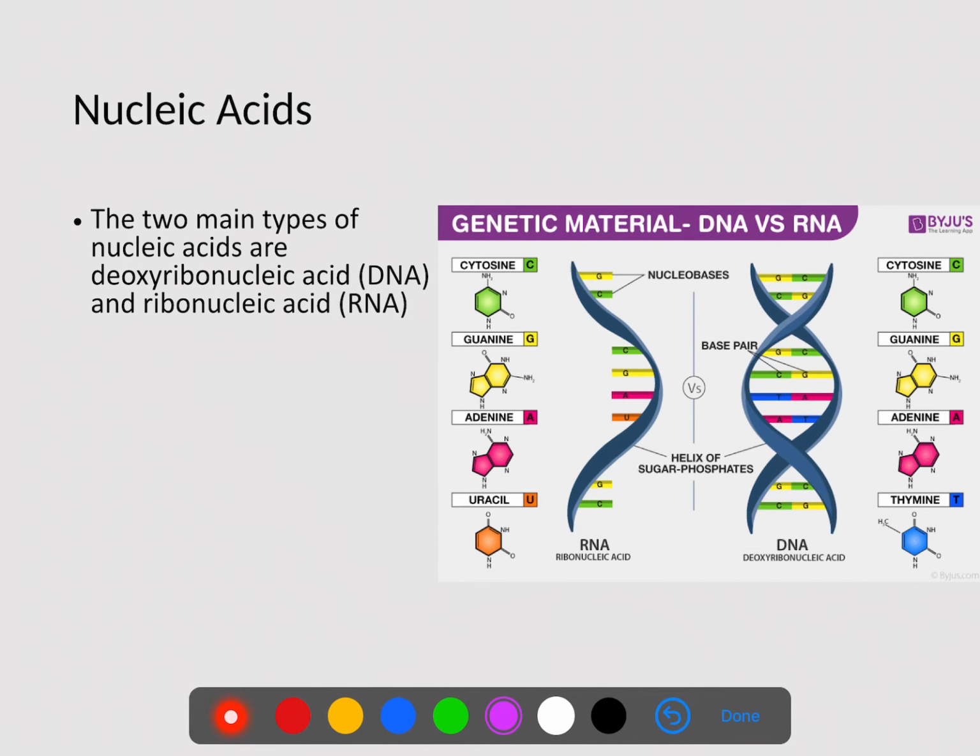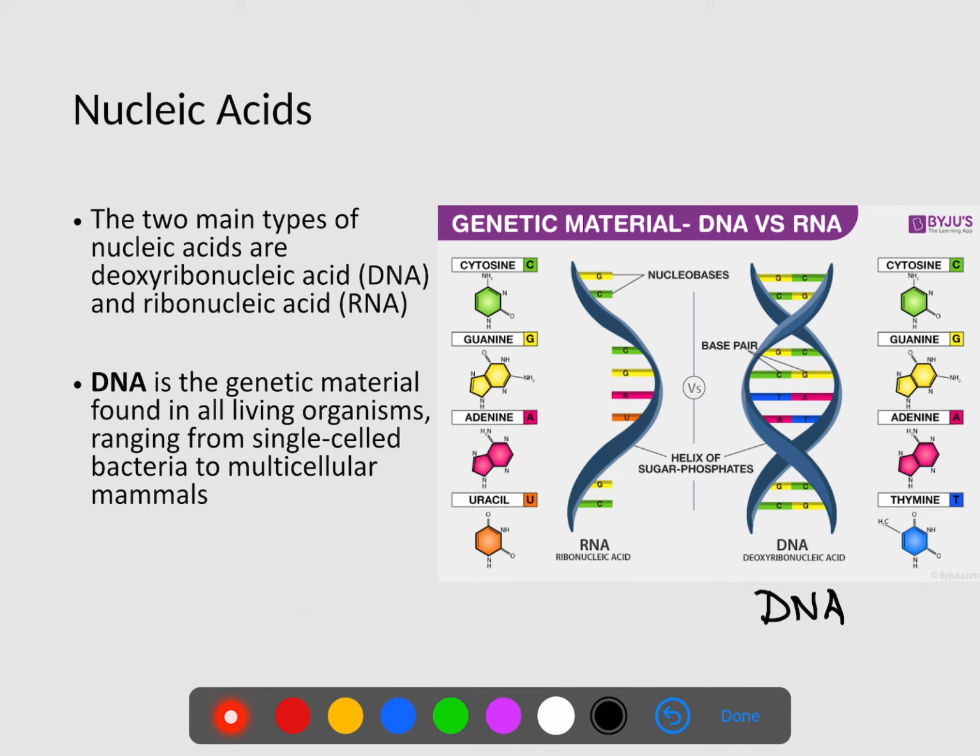Now, the two main types of nucleic acids are deoxyribonucleic acid. For us normal people, we call that DNA. DNA is the genetic material found in all living organisms, ranging from single-cell bacteria all the way up to multicellular organisms.